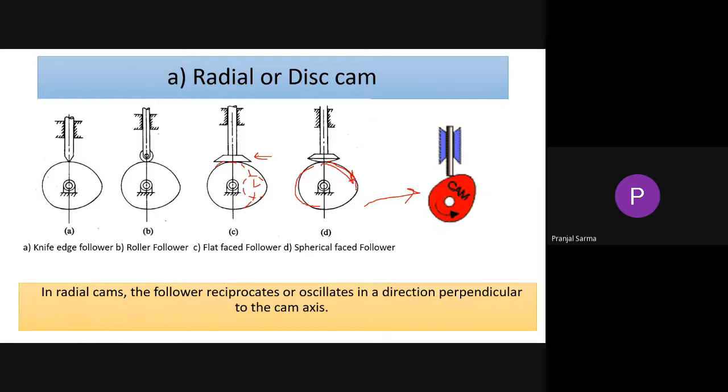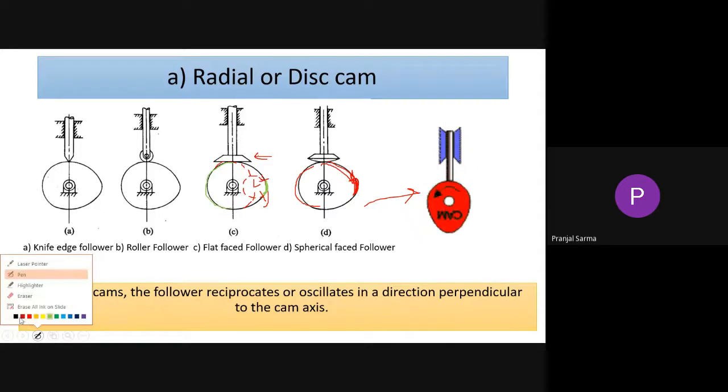And for a certain fraction of time, when this particular portion of the curve, which is once again a constant radius curve, part of a circle, is in contact, the follower is stationary once again, even though the cam is moving. These particular portions are known as the period of dwell, or dwell period. Understood? Yes or no? Let me know.